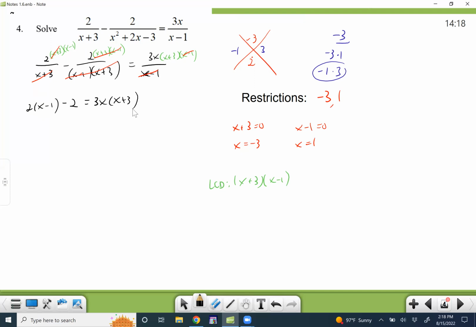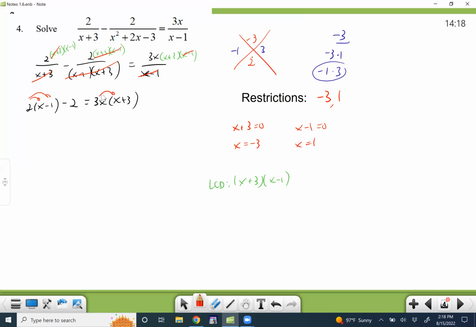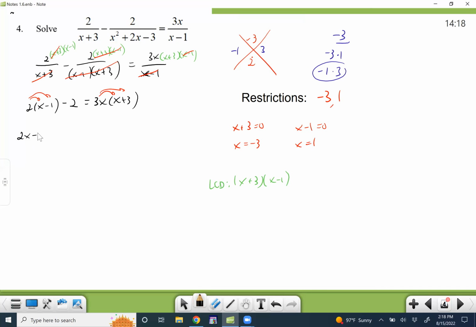times x plus 3. So let's go ahead and distribute and see what we would get. So if we distribute, we get 2x take away 2. And we get 3x squared plus 9x. Okay. All right, so I'm going to go ahead and combine like terms.